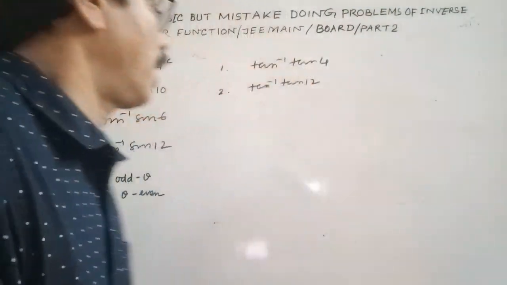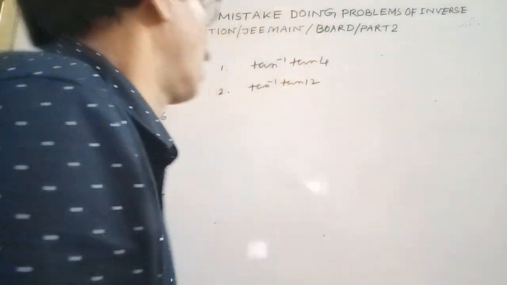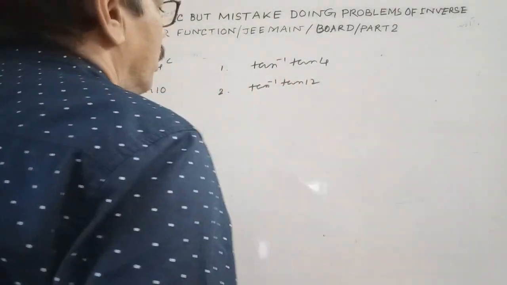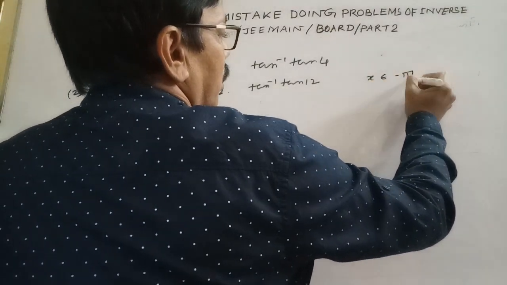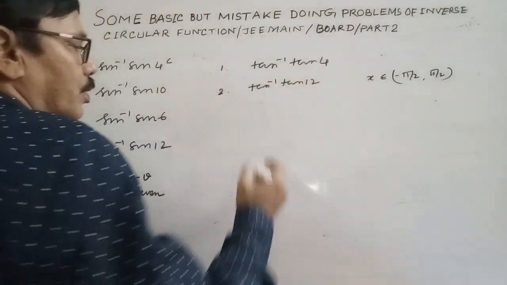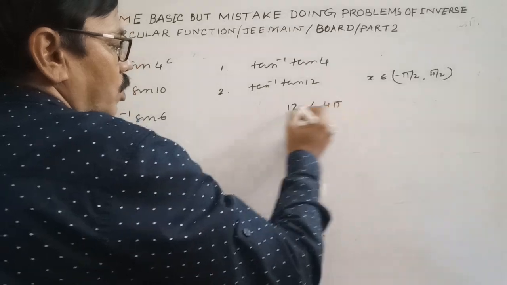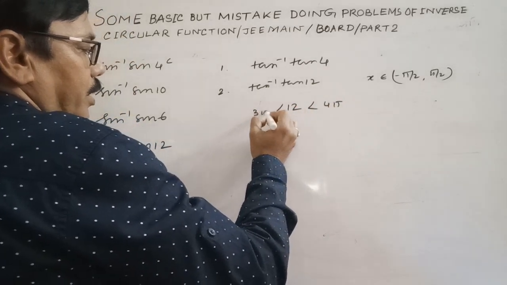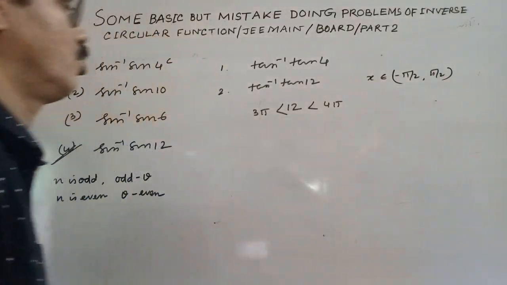Now in case of tan, you get the same rule as that of sine. For example, the principal value belongs to minus pi by 2 to plus pi by 2. So now 12. This lies between 3 pi and 4 pi. So 9 and this is 12.